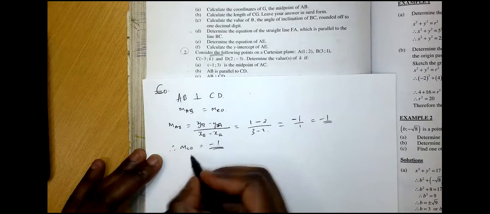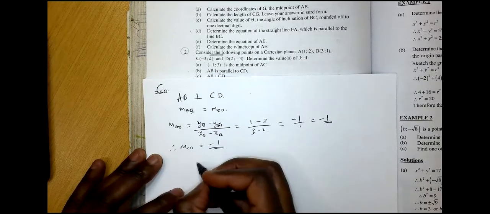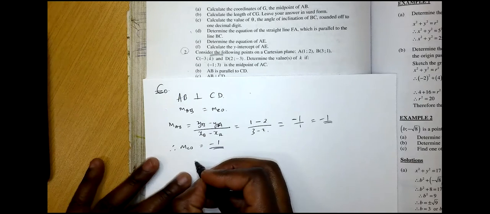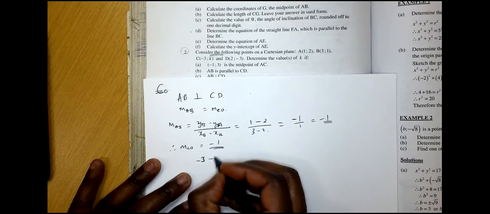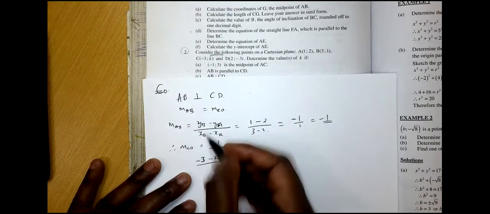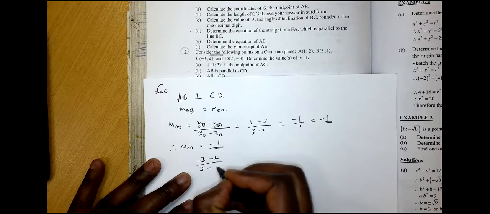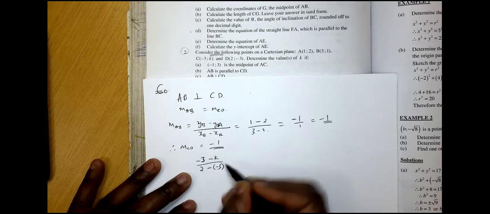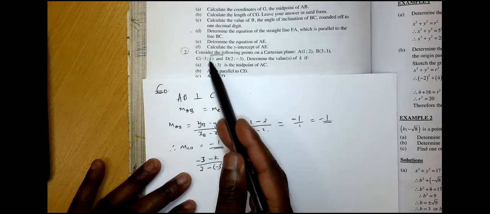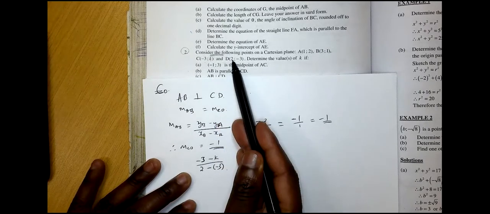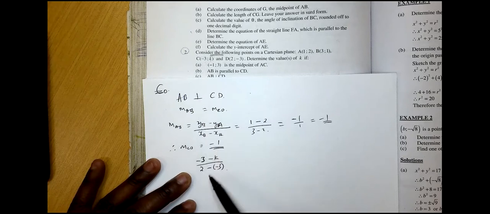It's not a big problem here. Change in y over change in x. It's going to be the D point, negative 3, minus K, over 2 minus negative 3 for the C. So we take the negative 3 and subtract the K, we take the 2 and subtract the negative 3, minus and minus.